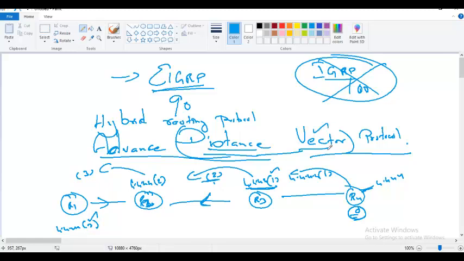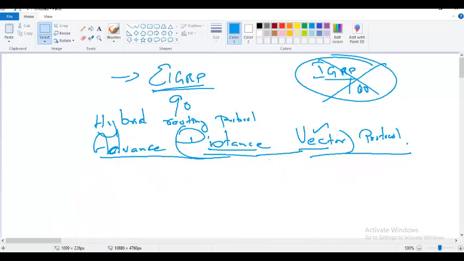EIGRP metric is a little bit composite, meaning it is going to take the bandwidth and delay of the wire to derive a metric. Why do I put K3 and K1? That is how in the formula bandwidth is identified and delay is identified.